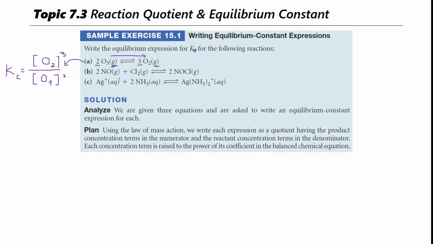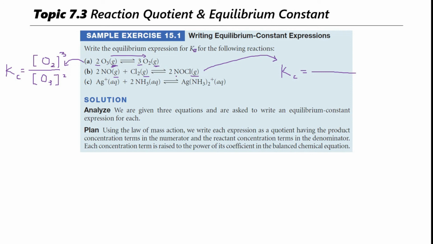All right, our second reaction also has only gases, but this is a little bit different as we have multiple reactants. That's okay. We just stick them next to each other and they multiply to each other, kind of like the A and B and the C and D in that past slide. So let's write this out. Kc is going to be equal to our products over our reactants.